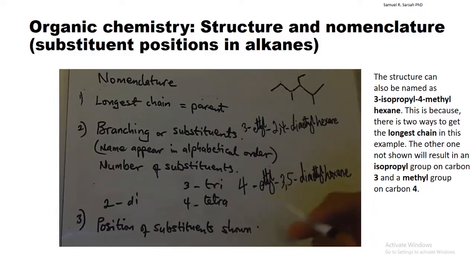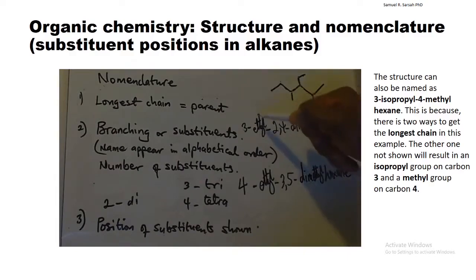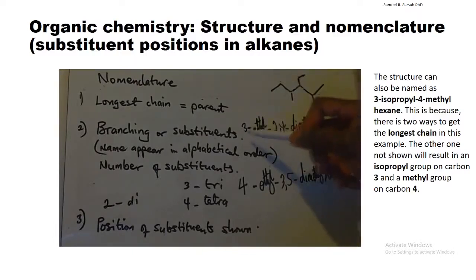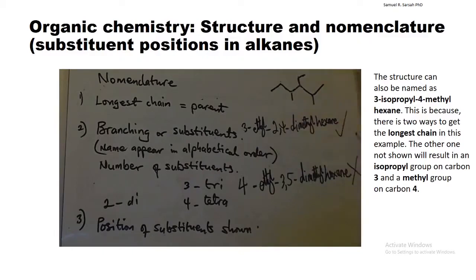So 12 is bigger than 9, and we always want the sum of the numbers in the name to be as small as possible. So this is more preferable than this, because the numbers sum up to 9. Here the numbers sum up to 12. So the name of this should be 3-ethyl-2,4-dimethylhexane.